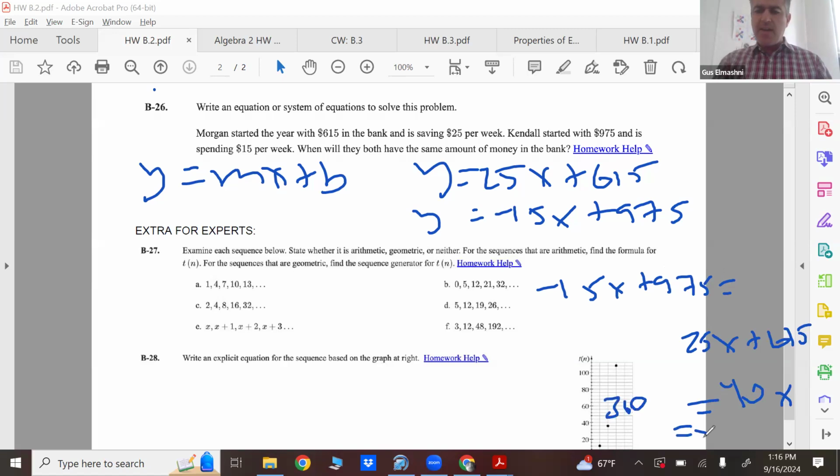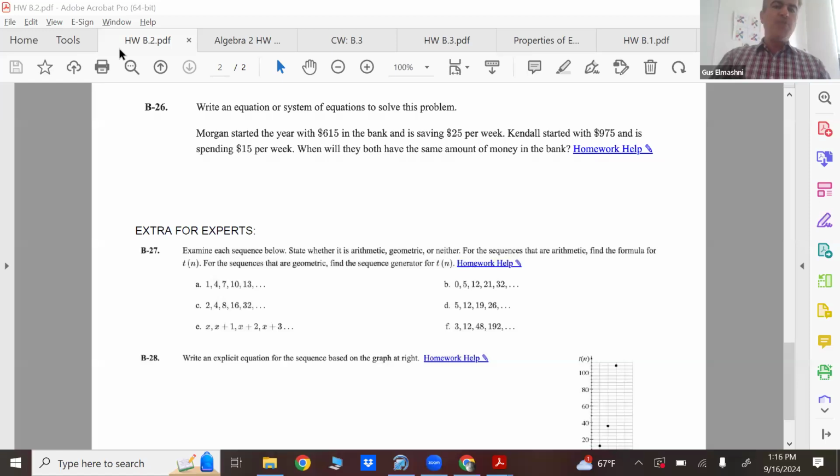X is 9. So 9 weeks. They have the same money. Let me show you the homework quiz right now, just so you can think about it a little bit. But I'll have you work on it when we get there.